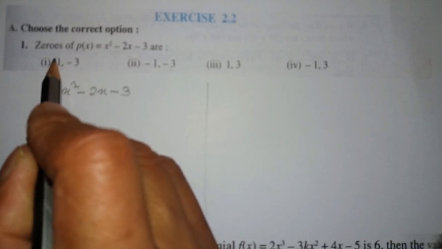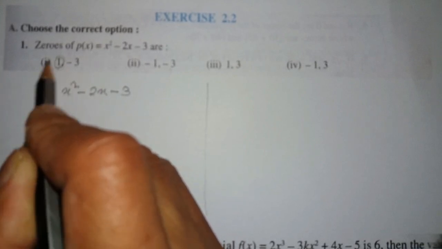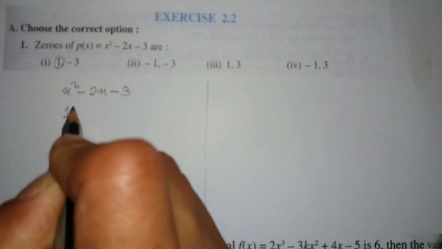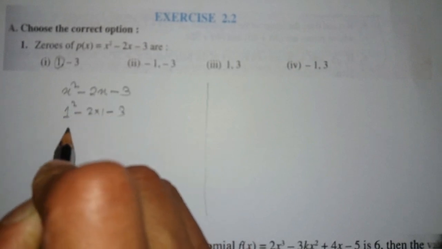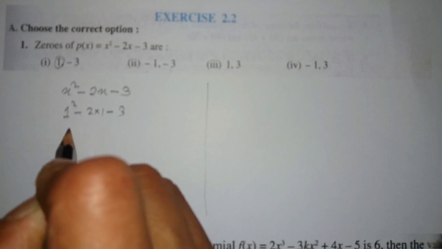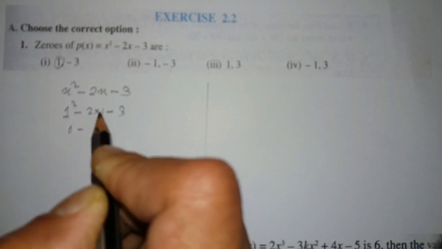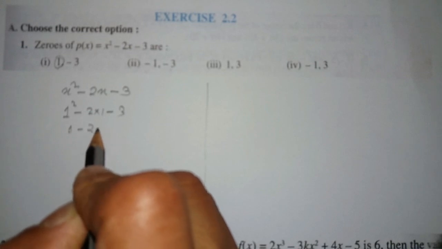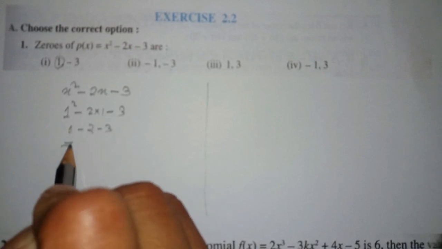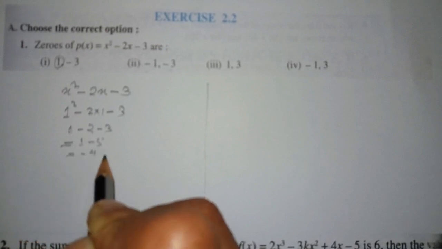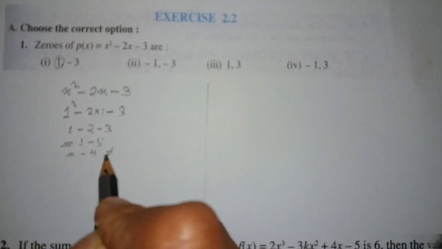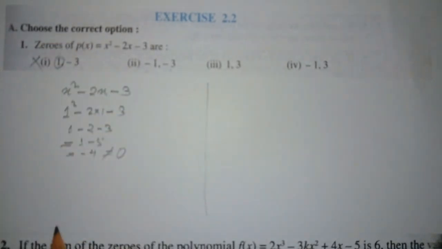Now if I substitute 1 in place of x, you'll get 1² − 2 × 1 − 3. Now 1² is 1, and here minus 2 minus 3, so we get 1 − 5, which is −4, not equal to 0, so this answer is rejected.